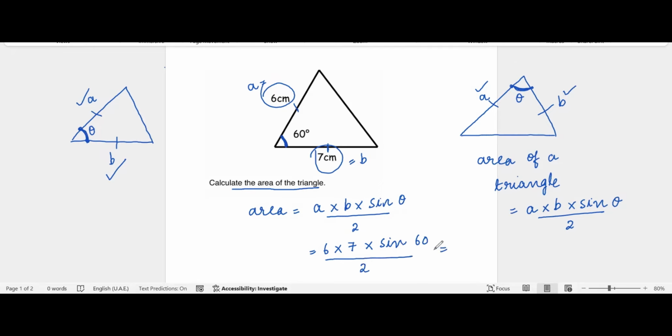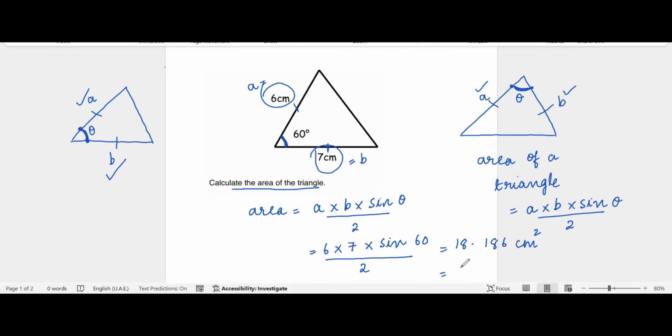Let's put this in a calculator. 6 times 7 times sine 60 divided by 2 will give us 18.186. This is in centimeters, so centimeter square will be the unit for the area.